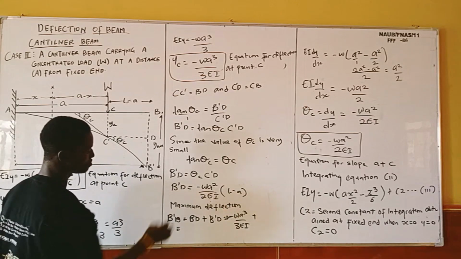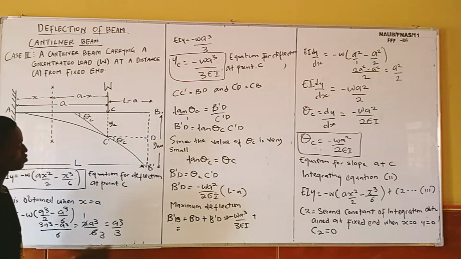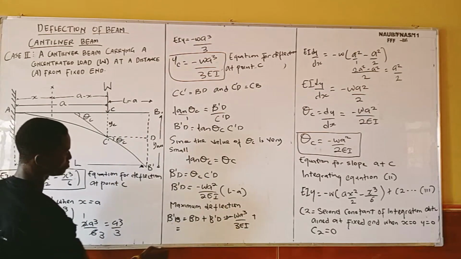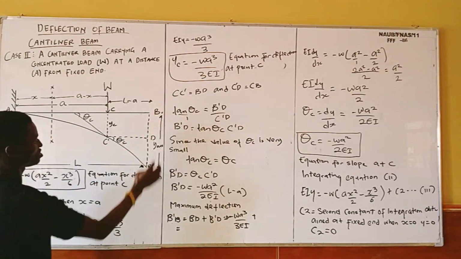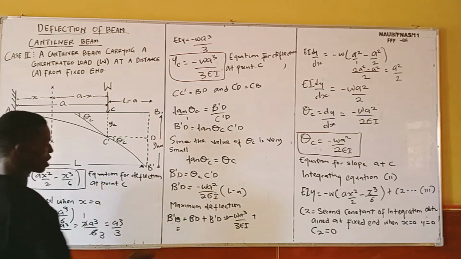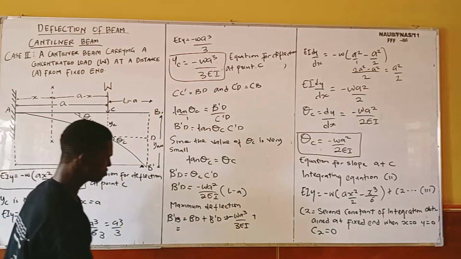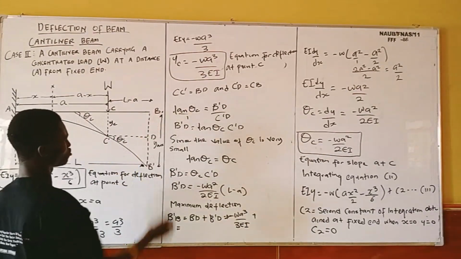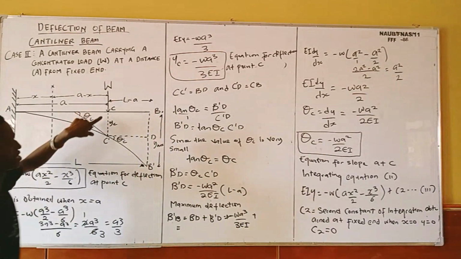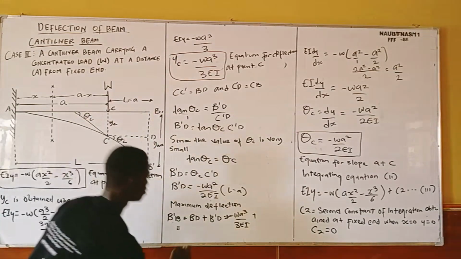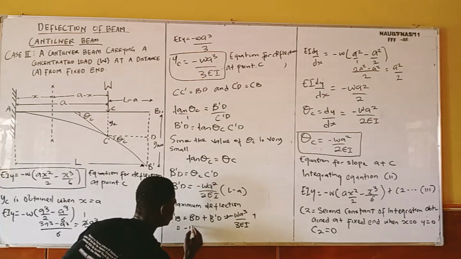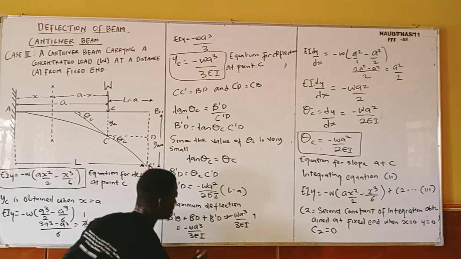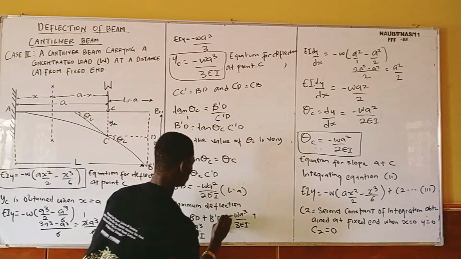So for us to have our maximum deflection now, you know that this is B prime D. So for our maximum deflection, this was B prime and B. So we are going to add BD and D B prime. Our BD now is the maximum deflection at this point, which is going to give us minus WA cube over 3EI.